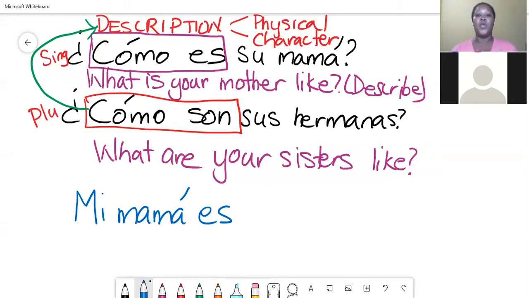In Spanish, your nouns are either masculine or feminine, and they can be singular and plural. So in Spanish, we have two types of adjectives. We have adjectives that have 4 forms, and we have adjectives that have 2 forms. That is another lesson altogether. But your adjective must agree with the noun that it is describing. Now, mi mamá is singular and feminine.